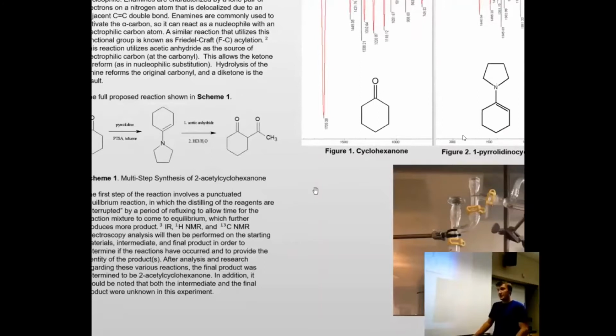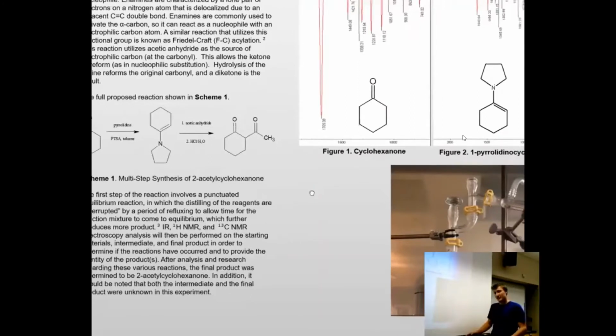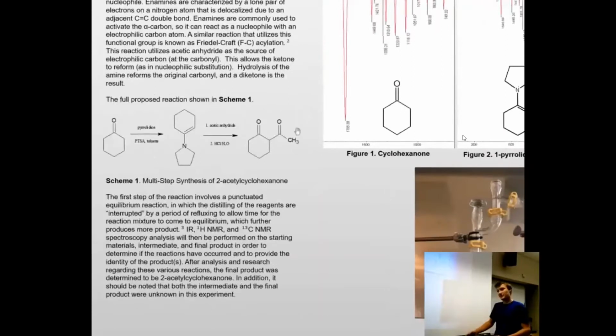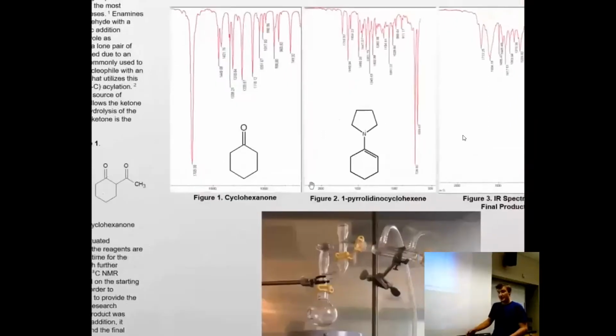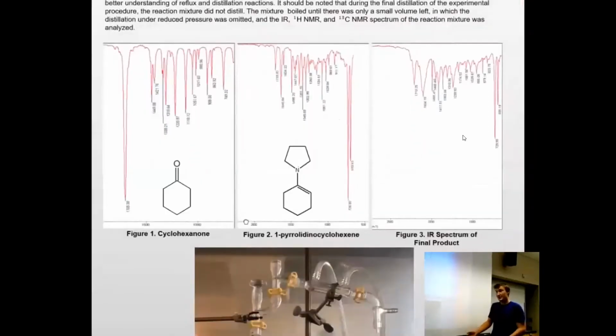So the whole goal for this experiment was to determine what the intermediate and final product were, because they were unknowns in this experiment. And right off the bat, I was able to tell that the enamine was our intermediate because it was a nucleophilic addition reaction.